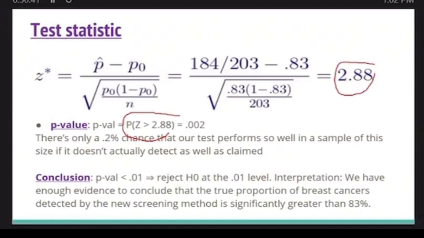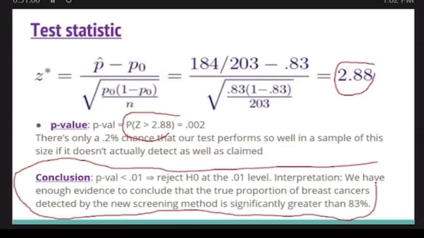Then you compare this p-value with the level of significance given. They gave you a level of significance of 0.01. So what happened now? This p-value is less than that. And when it is less, then you're actually going to reject. And that was why I said this. Take a look at my conclusion now.